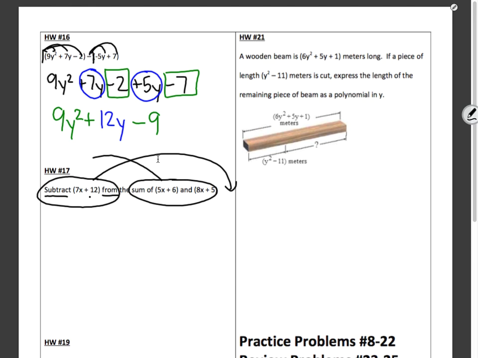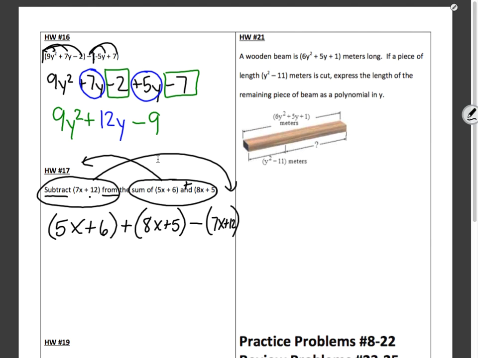So that's going to go at the front of the problem. Sum means that I need to add these two. So I'm going to write this problem as 5x plus 6 plus 8x plus 5, and then subtract 7x plus 12.